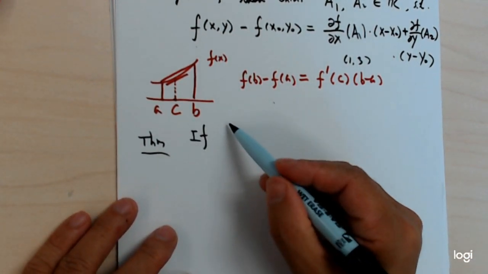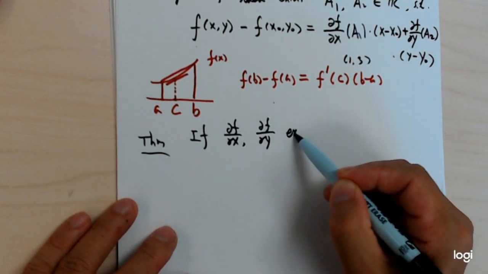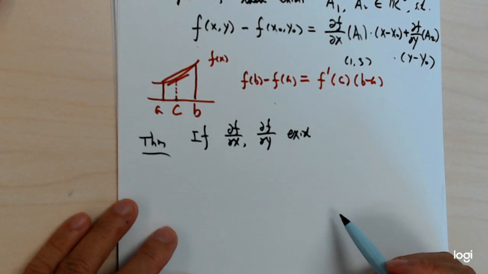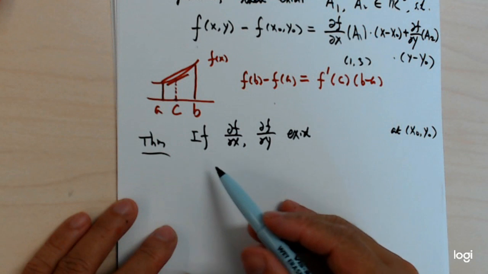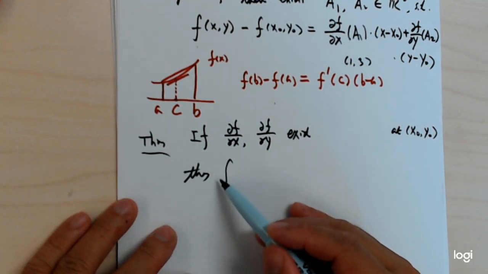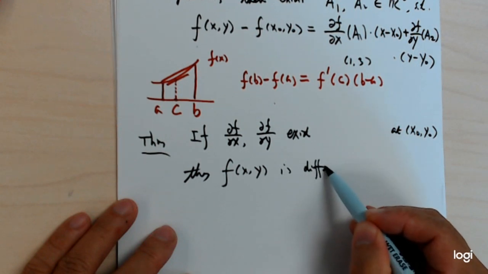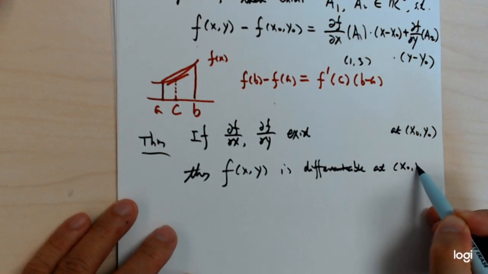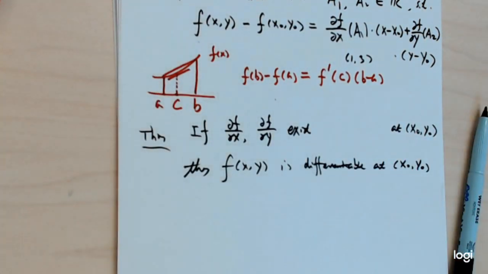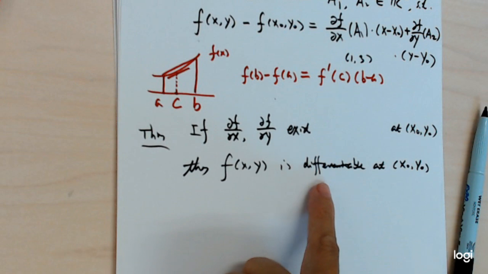The result claims that if the partial derivatives exist at x0, y0, then f will be differentiable at that point. Well, you probably all realize that this is not true. We just said the partial derivatives exist. It's not enough to say this is differentiable.